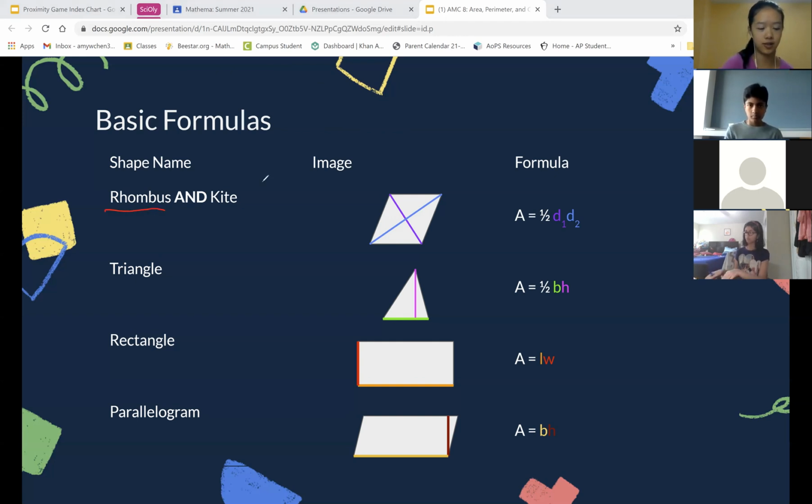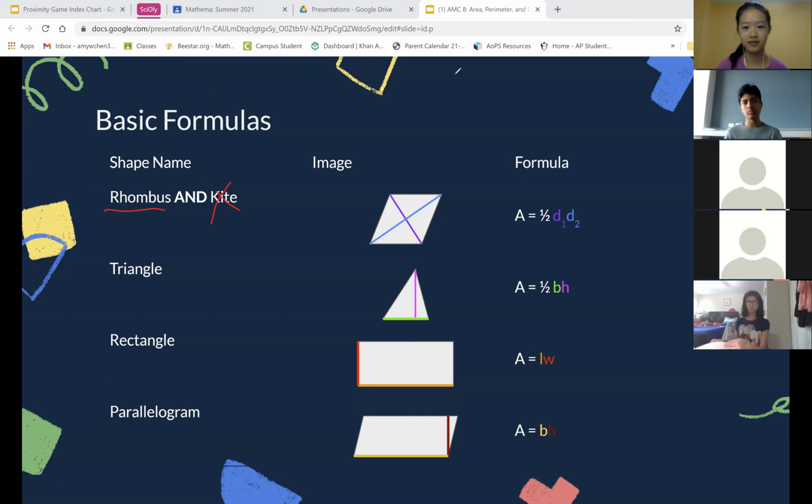If it's a kite, no. What's the difference between a rhombus and a kite? A rhombus has parallel sides, and a kite does not necessarily have parallel sides. This would be something like a kite. Yeah, what AB drew is a kite, so you can see that they're not parallel. You can't use the area of a parallelogram for that, but you can use it for the other image that's already there.